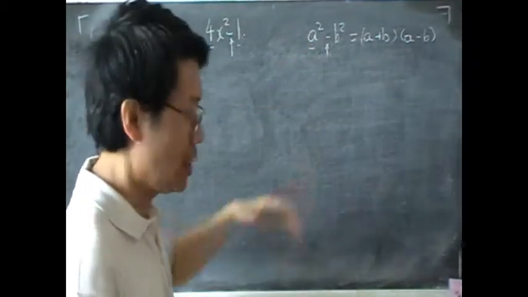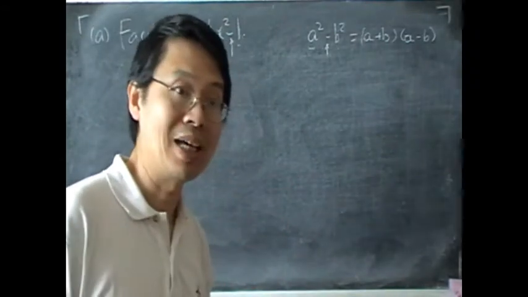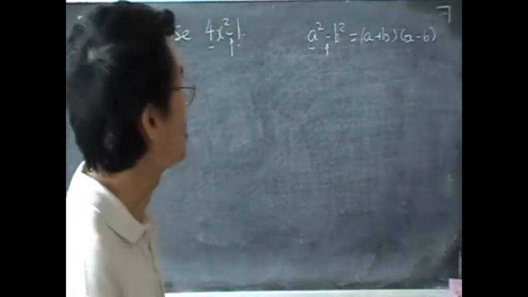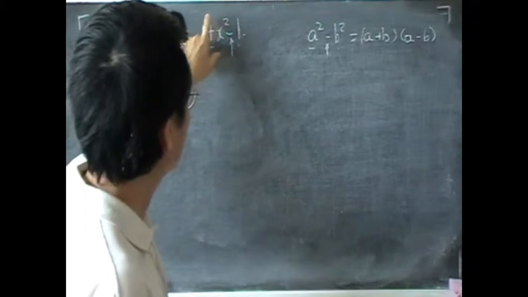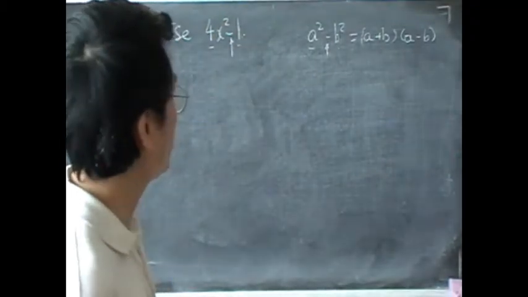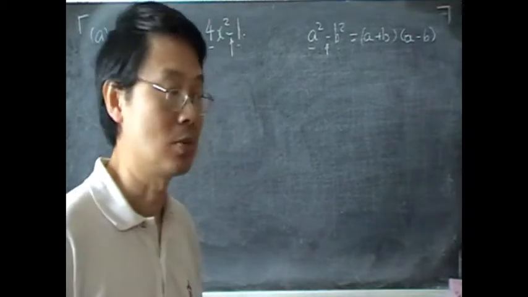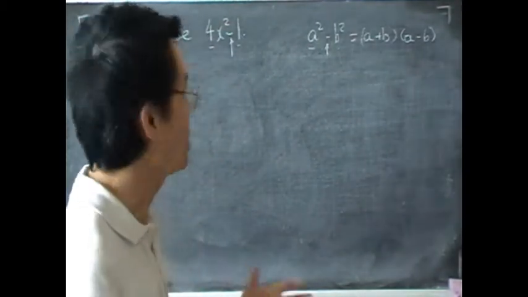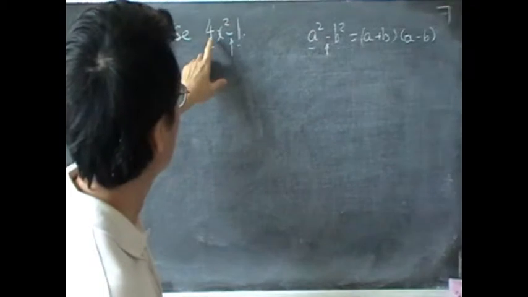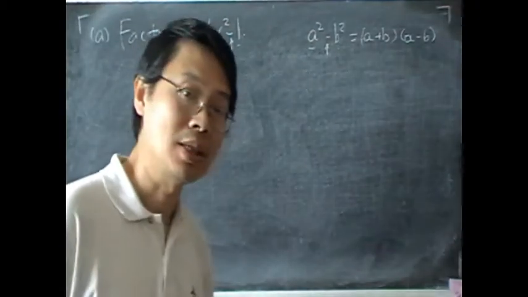Now a can be any number or any expression. So we want to see if we can rewrite the 4x squared into something squared. Doesn't matter what that thing is, as long as it's the same as 4x squared in the end.